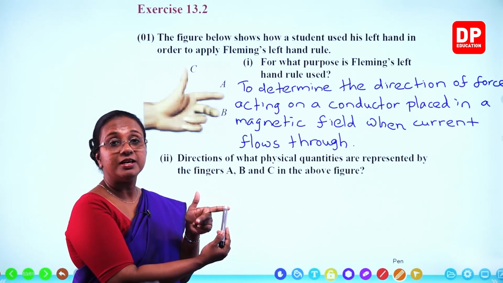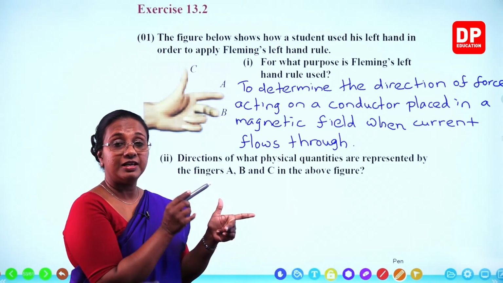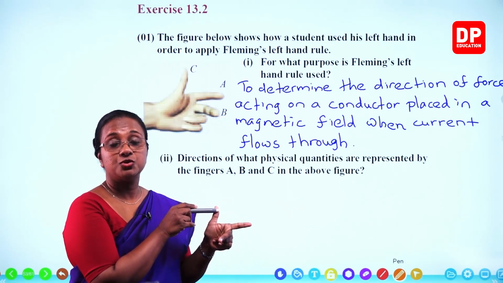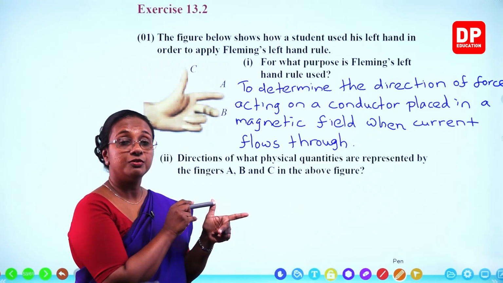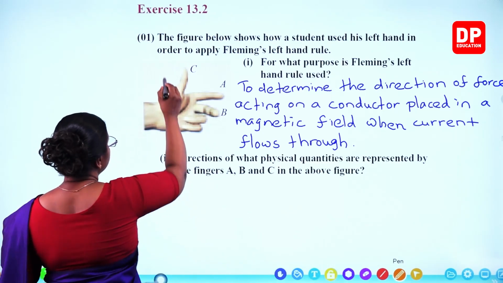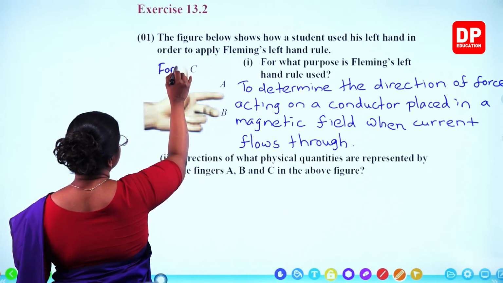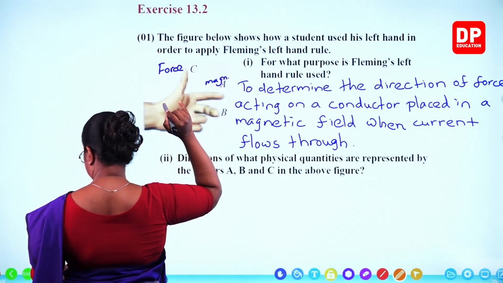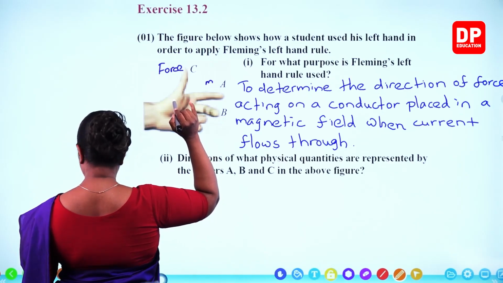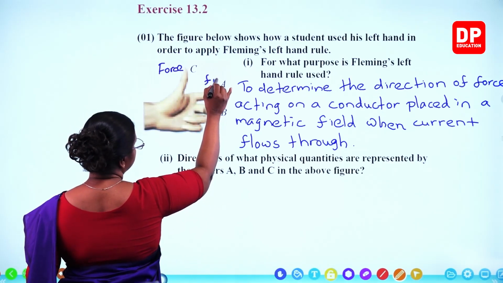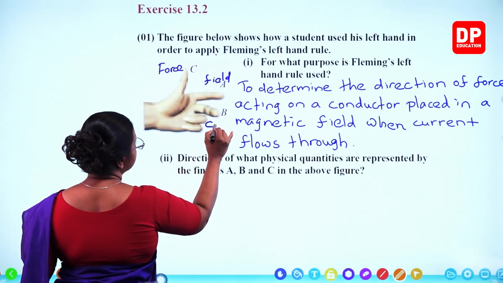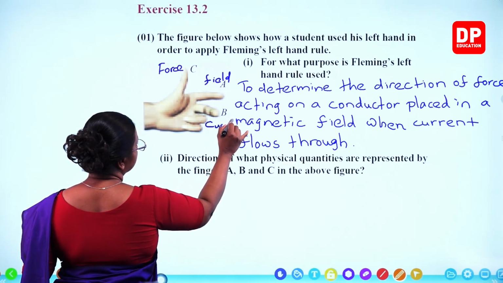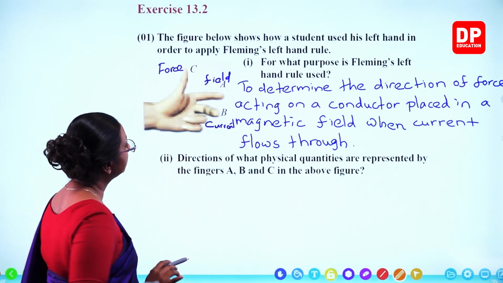The index finger is the direction of the magnetic field and the thumb shows the direction of the force. So this will be the force, this is the magnetic field, or I'll just write it as field there, and this is current.